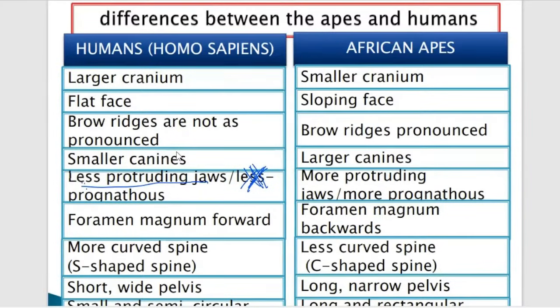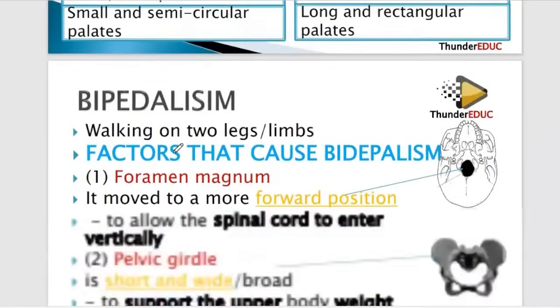Don't say less prognathus; we say non-prognathus for the case of human, and for the other one you say prognathus, don't say more prognathus. Less protruding jaws is correct, and more protruding jaws is also correct. But don't say less prognathus. You say non-prognathus for humans and prognathus for the others. Foramen magnum in forward position relates to the shape of the spine, that's all cool.